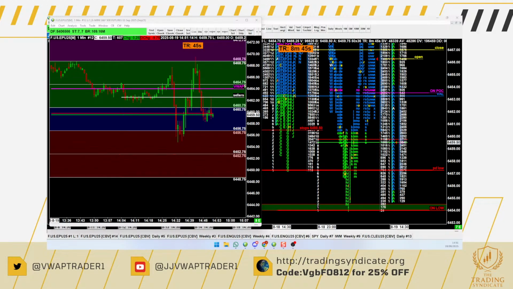The TPO chart tells you where you are in the city. The 1 minute chart tells you where you are in the neighborhood in the city. Now let's see, have the sellers lowered the price that they're willing to pay to sell at? Because if they do, this current candle is not going to take out 62 and a half.